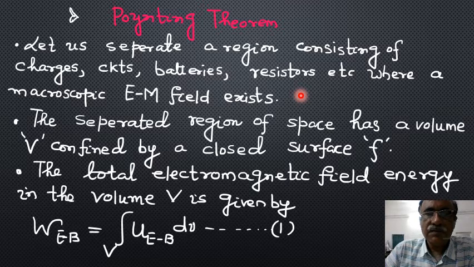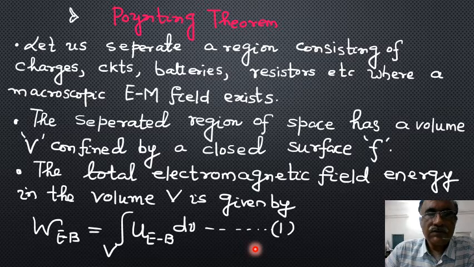Thus, this separated region of space has a volume V confined by a closed surface F, and the total electromagnetic energy in this volume V is given by WEB equal to volume integral of UEB dV. Remember, this is our equation number 1.